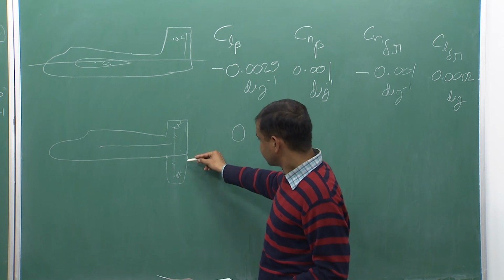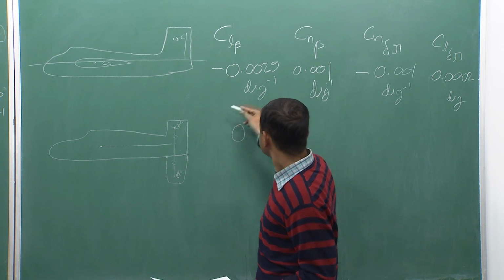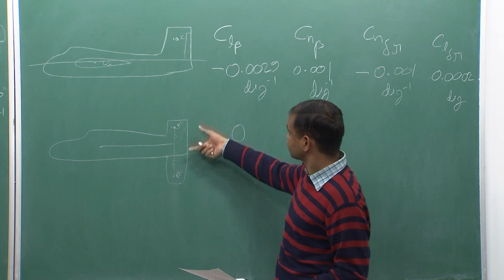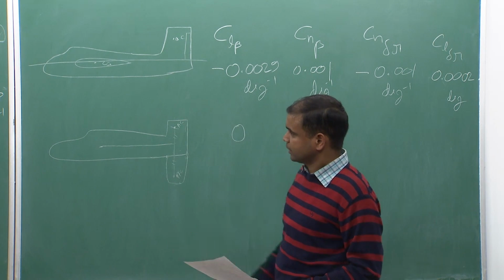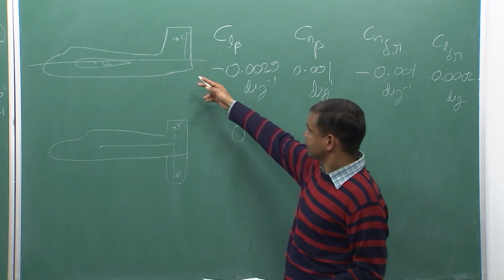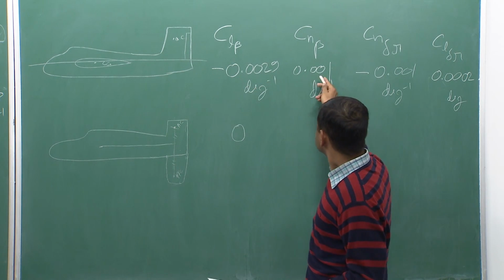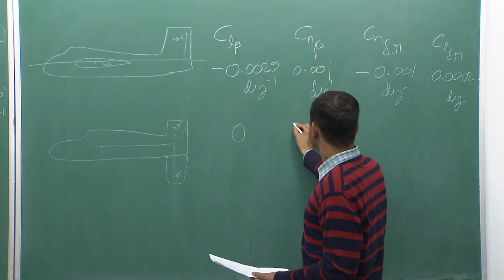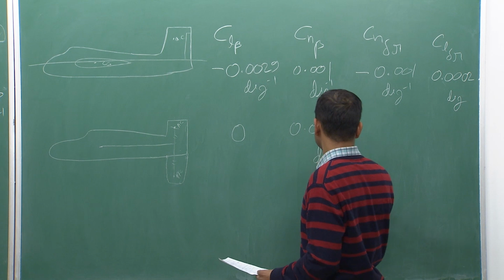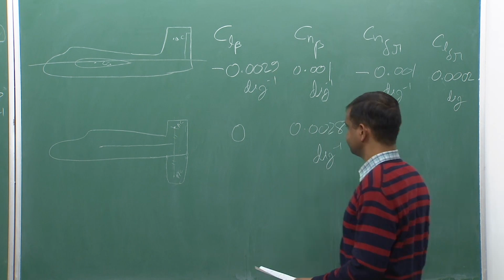So, the contribution of this will be added to this aircraft. The vertical tail contribution of the Cn beta is 0.0018, and of this design it is 0.001. So, net will become 0.0028 per degree.